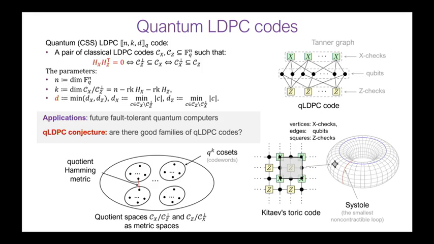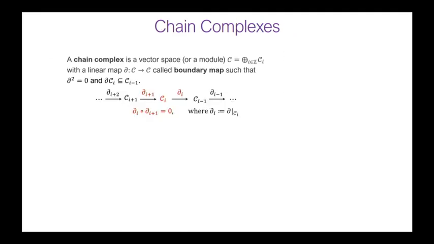I assume everyone in this audience knows why, because many people think they can be used in future fault-tolerant quantum computers. One of the major problems in this area was whether there exists a good family of quantum LDPC codes.